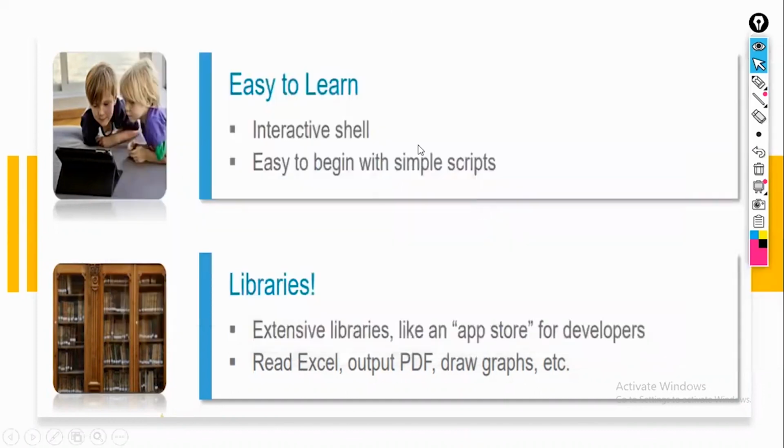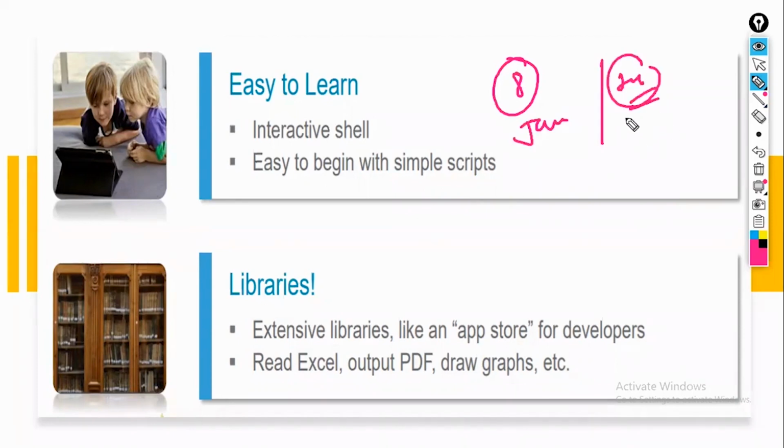Now, it's easy to begin with a simple script, obviously. We just saw 8 lines of JavaScript versus Python, which is 1 line, right? So it is very easy. Now, libraries. What are libraries?